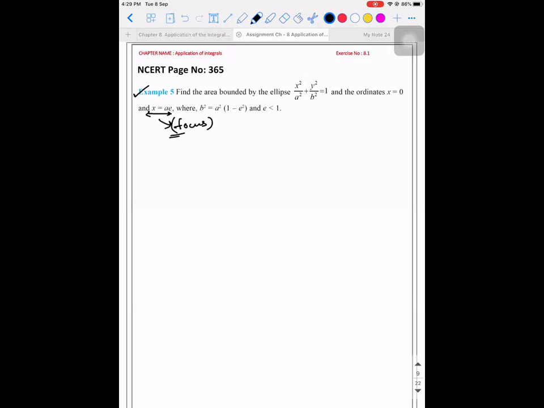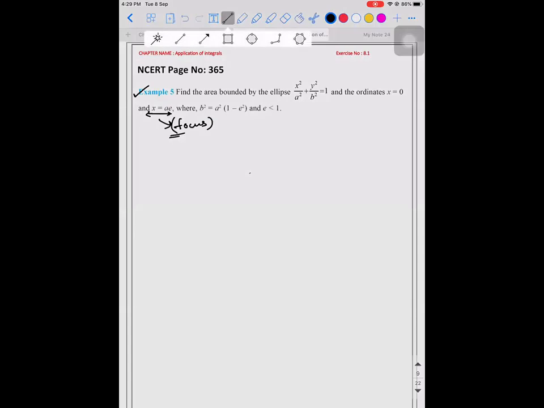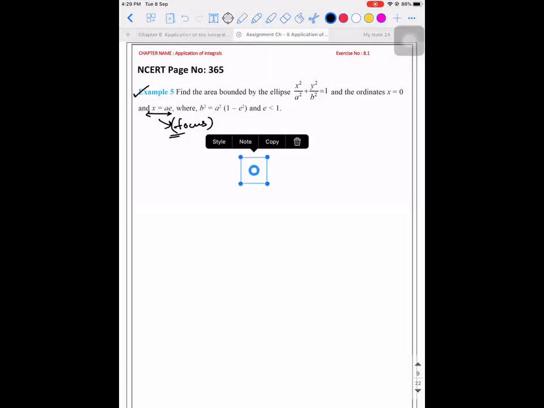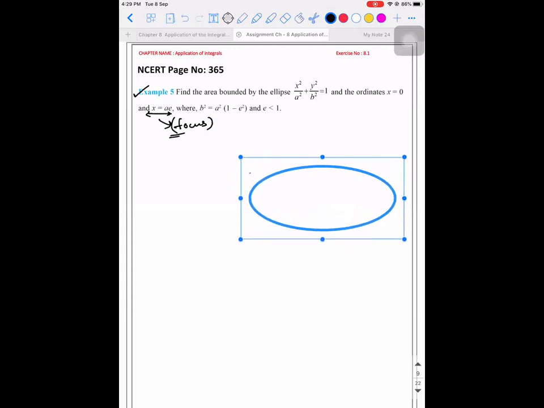It's one of the foci points. See, for this chapter, you need to be good with coordinate geometry.